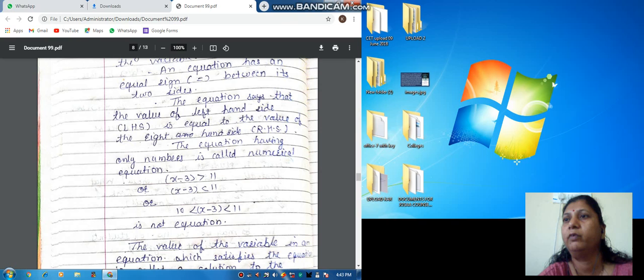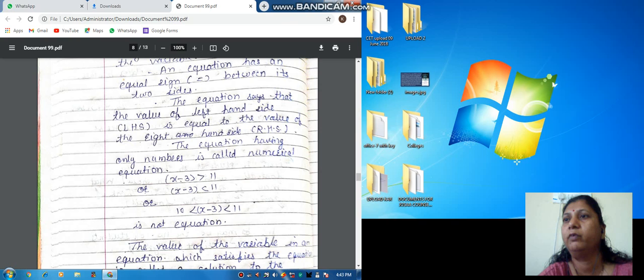Okay, 11.5. See which variable is there.